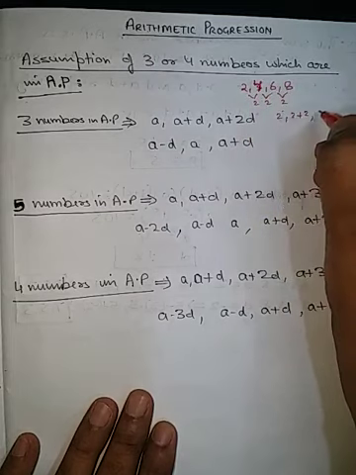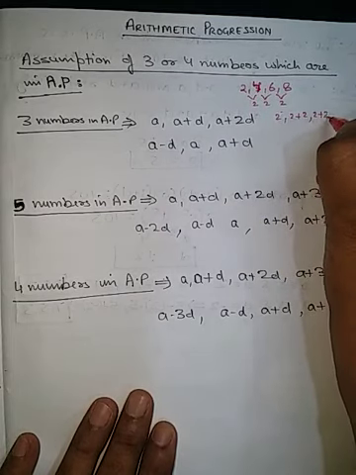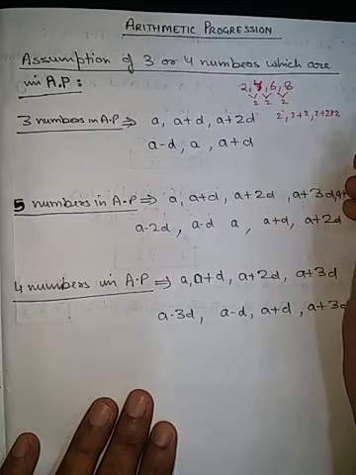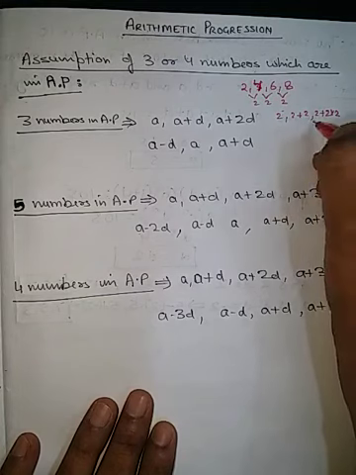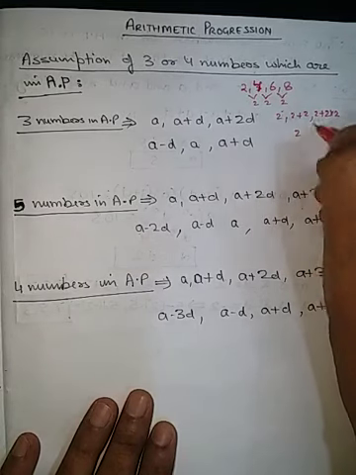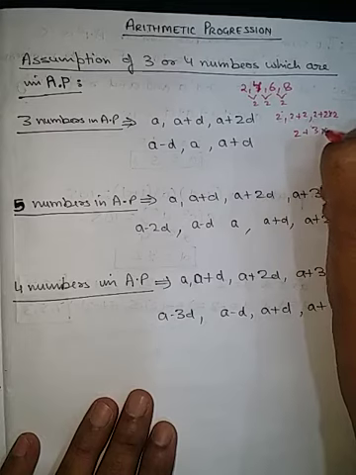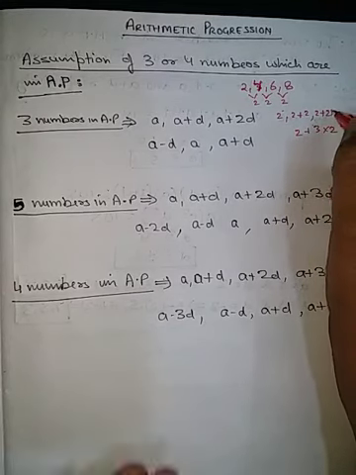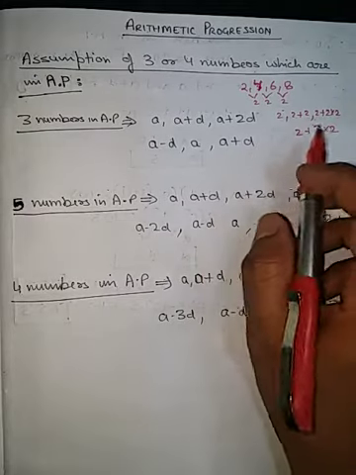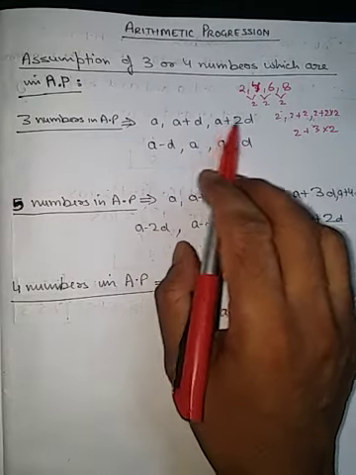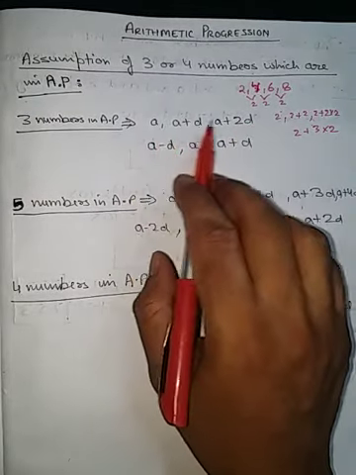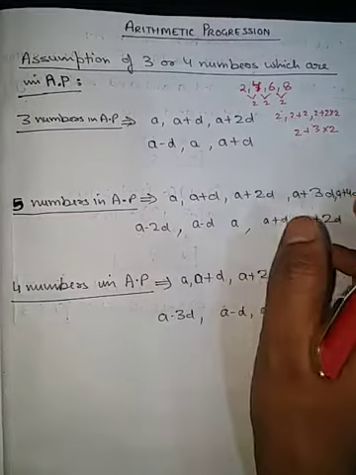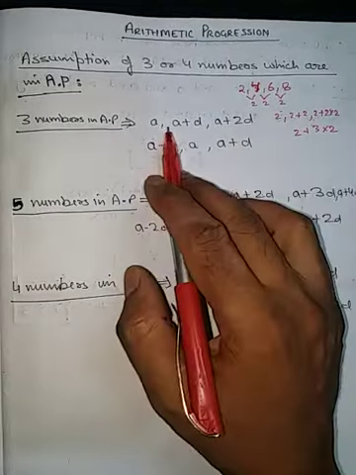How to get 6? Just add twice the common difference to this, we get 6. How to get 8? First number plus thrice of the common difference, 2 plus 6 is 8. So this way we get any numbers, that means go on adding the numbers plus D plus 2D plus 3D plus 4D plus 5D, like that we can assume the numbers.